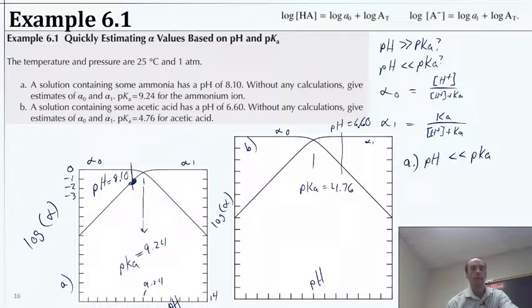We can just make a guess that the log of alpha 0 is close to 0, and the log of alpha 1 is probably something like minus 1 to 2 range. That's the bare minimum we could do just by sketching stuff out here, not really drawn to scale. But that could guide us to say, okay, what approximately are we looking at?